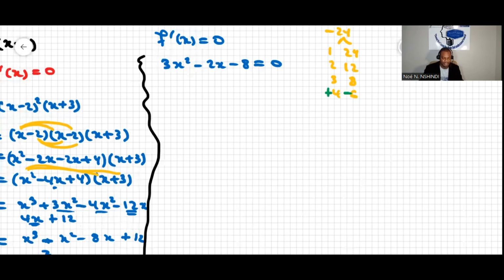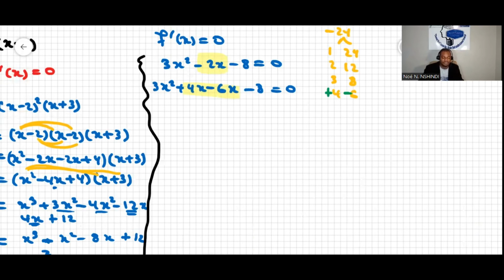Now we're going to split the 3 terms into 4 terms. That will become 3x squared plus 4x minus 6x minus 8 equal to 0. Note that this is just negative 2x.